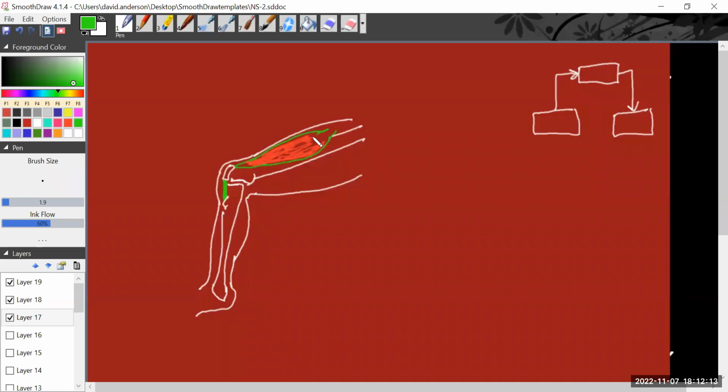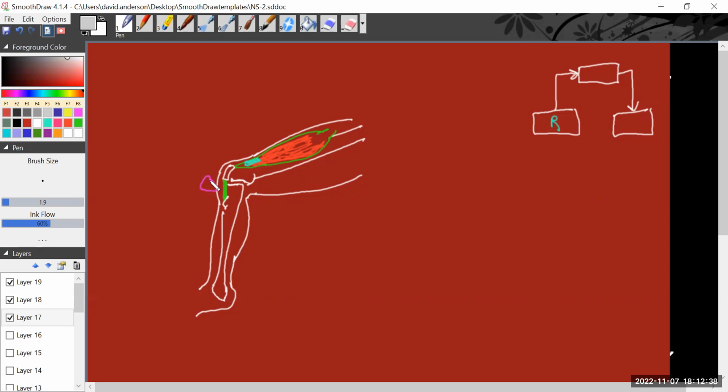Now, we want to put in a receptor. So what we're going to do is put a structure in there, and we're going to draw in a reflex hammer.